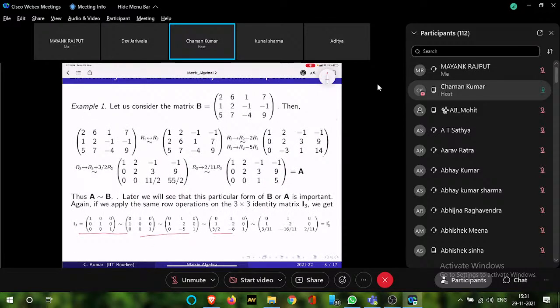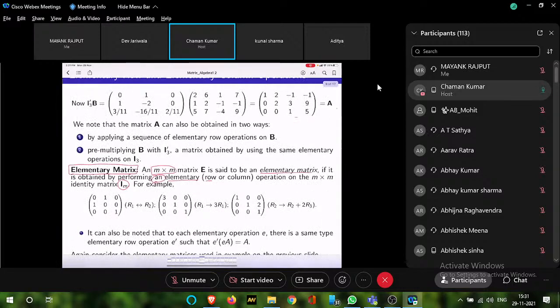Okay, so these are not elementary matrices. The only elementary matrix in this operation is this one, because this is the matrix that you obtain by applying the single operation of interchanging row 1 and row 2. Okay, so this is known as elementary matrix.